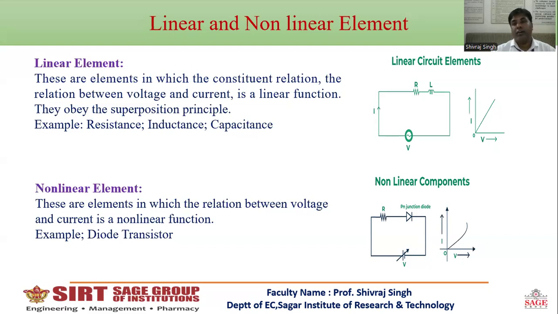For a real linear element, in a simple RL circuit or normal R circuit, in the resistive element, the relation between voltage and current is linear. That means input and output responses are the same.